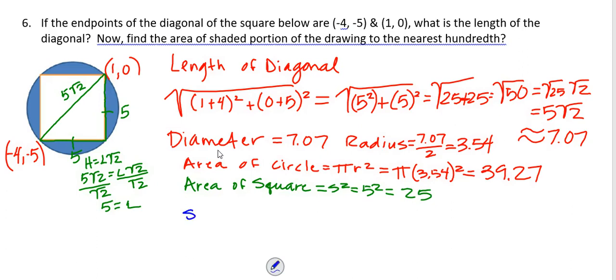So the shaded area, shaded, S-H-A-D-E-D, yeah, shaded area is going to be equal to the area of the circle minus the area of the square.